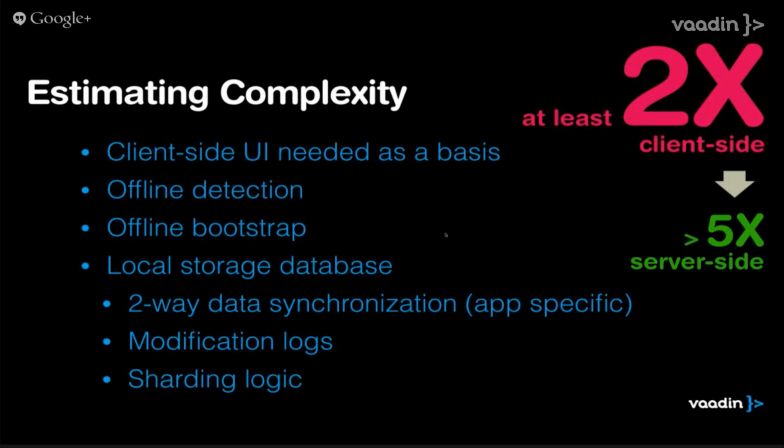So the end outcome would be that you would be quite a bit faster in implementing the whole application when you carefully choose which parts actually have to work offline.